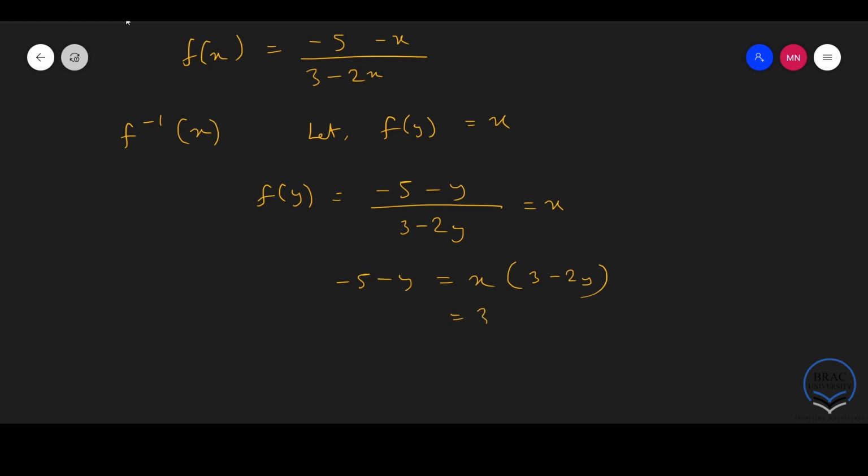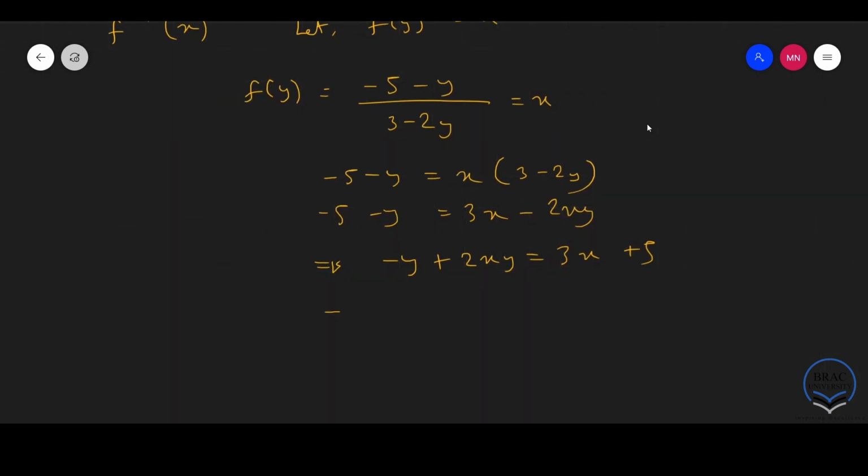So this gives us 3x minus 2xy. So now we have minus y plus 2xy is equal to 3x plus 5. Right, and now we can just factor out a y. So we have y times (2x minus 1), which is equal to 3x plus 5.